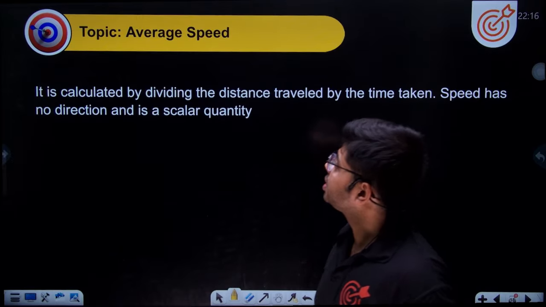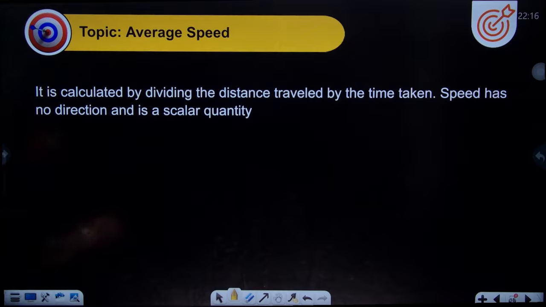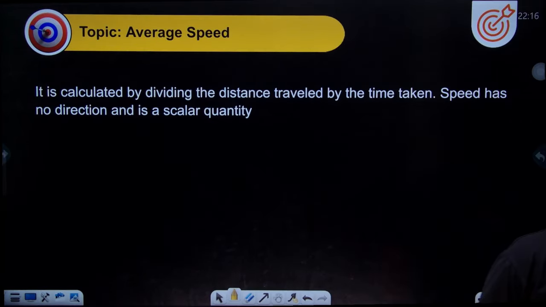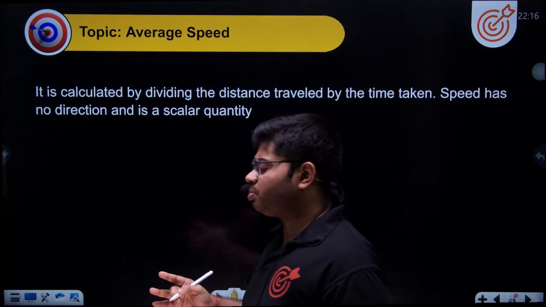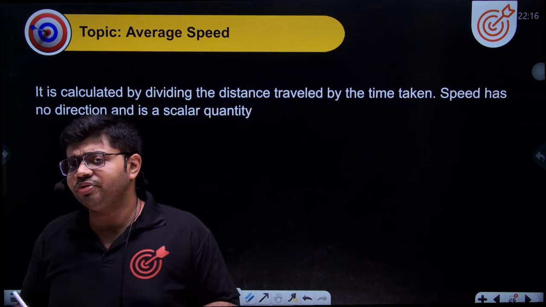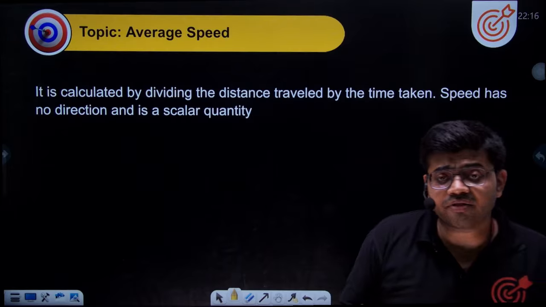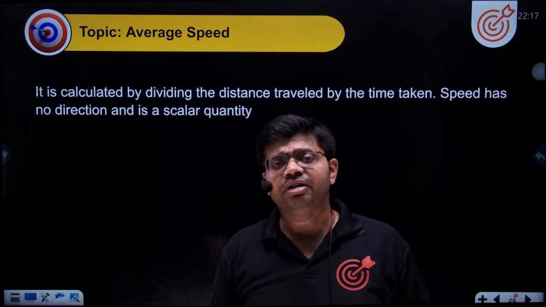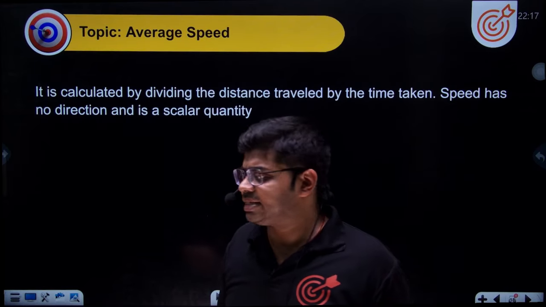Now, average speed. Speed we have understood. Now what is average speed? Average speed is the total distance traveled divided by the total time taken to cover that distance.